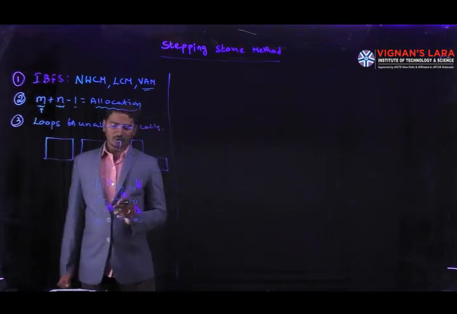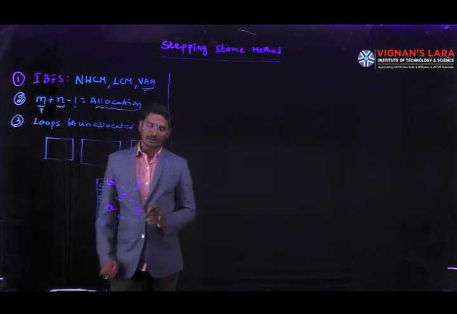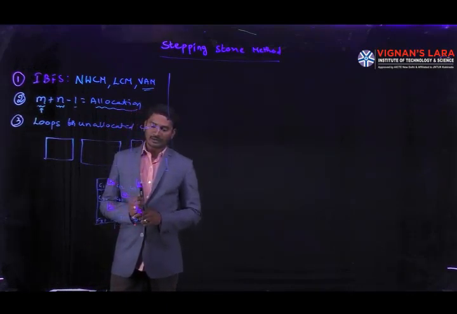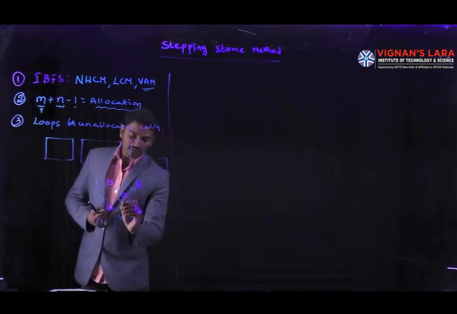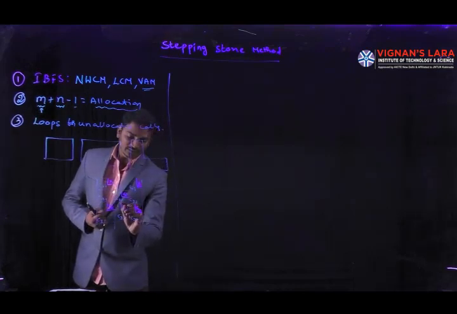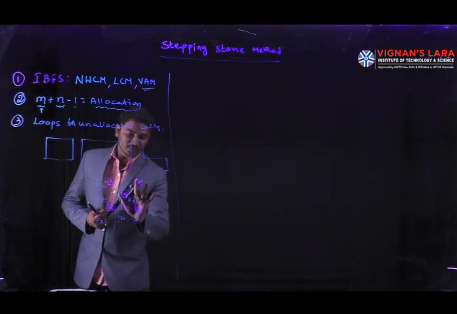Where do we start the loop? We start the loop with an unallocated cell and it must end at the same cell. Here I would also like to take some value x32, and remove this one.